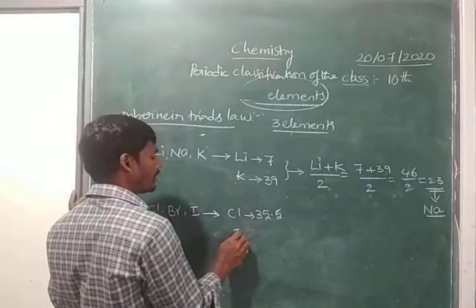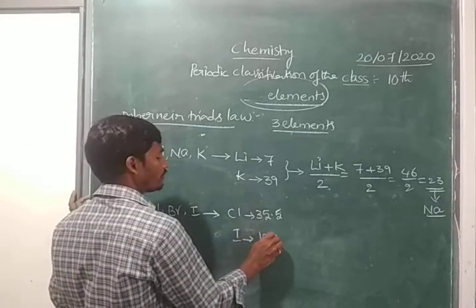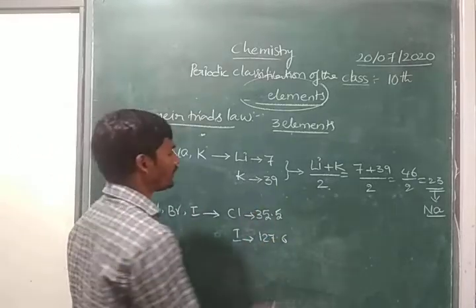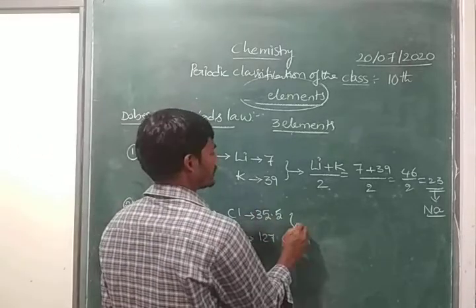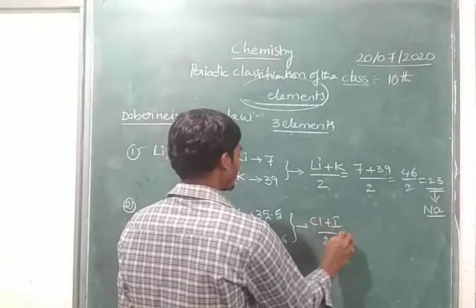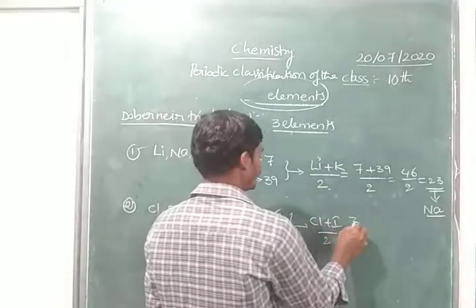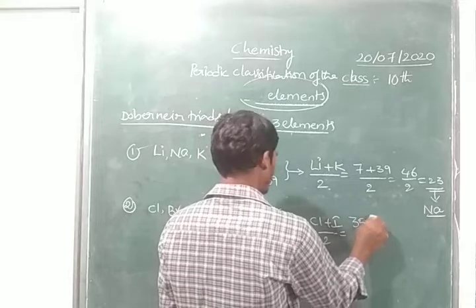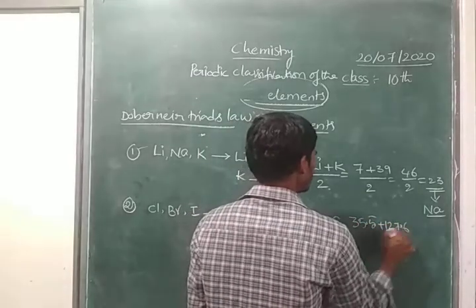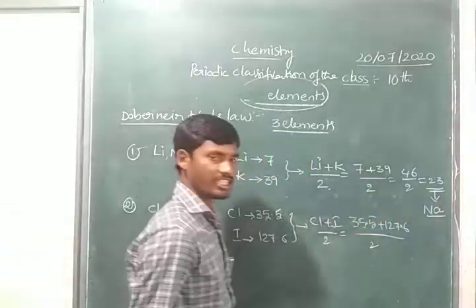And here the atomic weight of iodine is 127.6. Right, children? Here we are taking the average of these 2 elements. We have to consider chlorine plus iodine by 2. That means 35.5 plus 127.6 by 2.